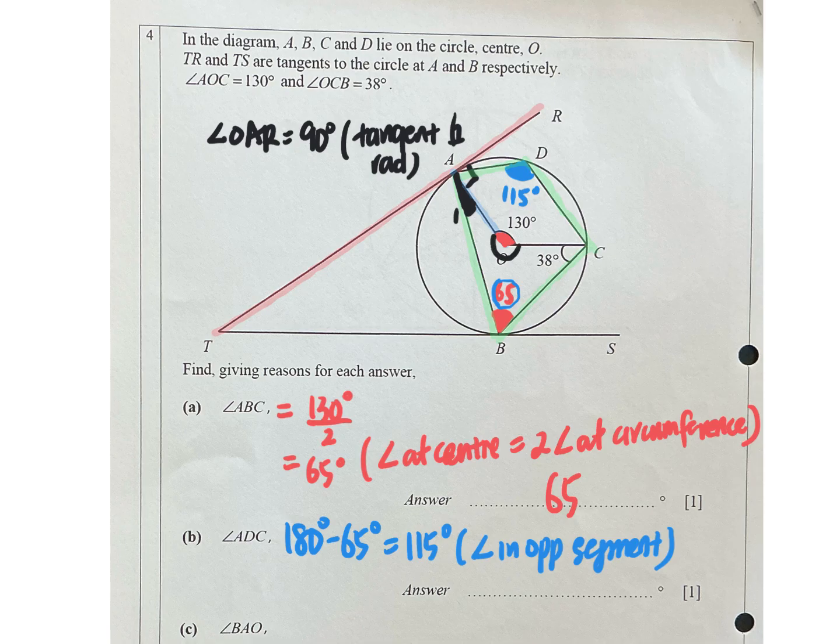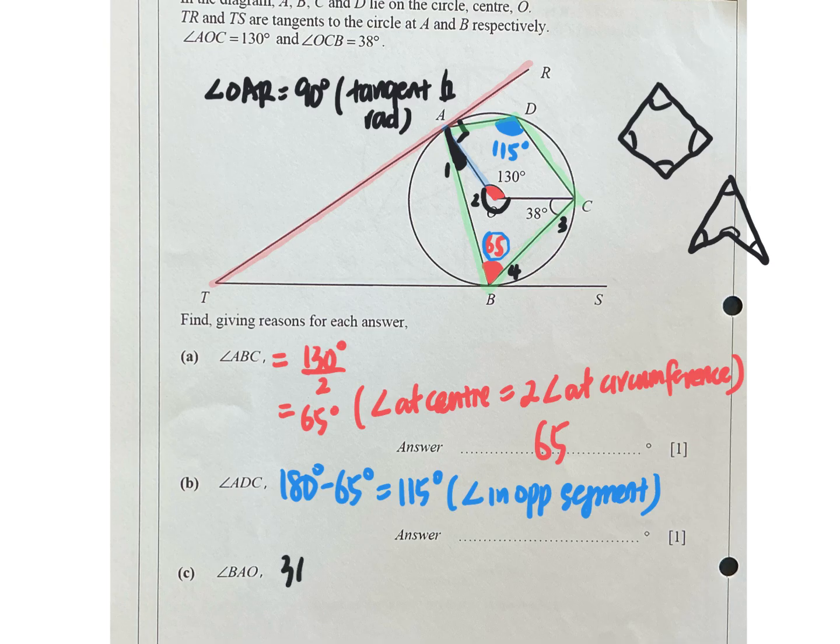They should add up to 360. Whether your quadrilateral is convex or concave, it doesn't matter. The 4 angles should add up to 360. So you can do 360 minus the 65 minus the 230 minus the 38.